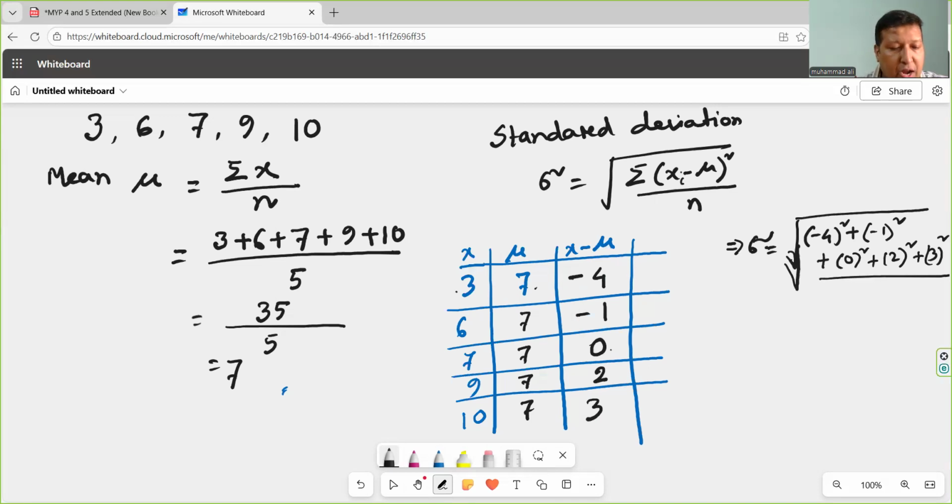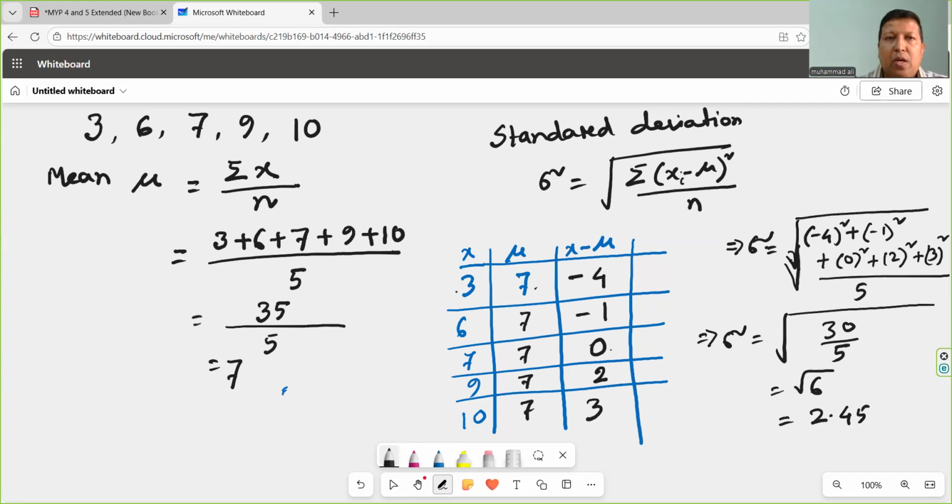N means here 5. So finally we get the standard deviation: 30 divided by 5, so root over 6, which is 2.45. So our first answer is completed. Our mean is 7 and standard deviation is 2.45.